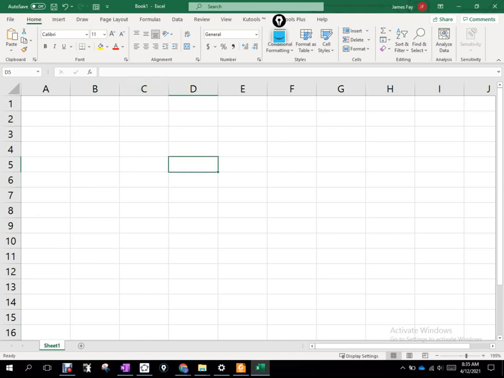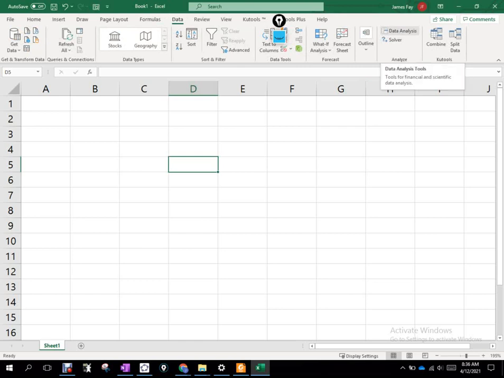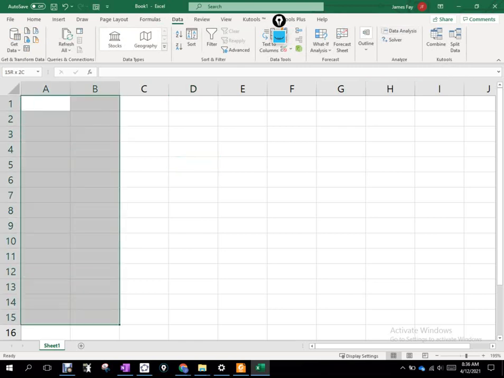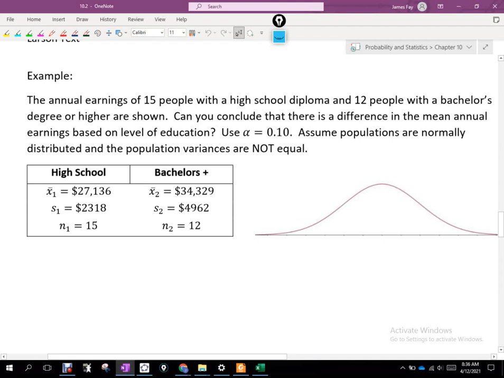But when we use Excel, the way that the data analysis tab here works, this package works, is that we have to have the raw data established in columns, right? Okay. We cannot use the processed data. So what I mean by that is this information here.